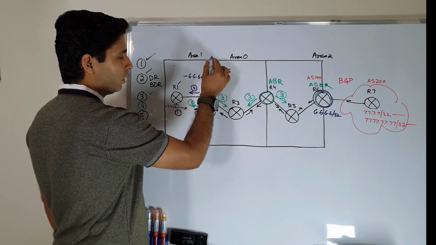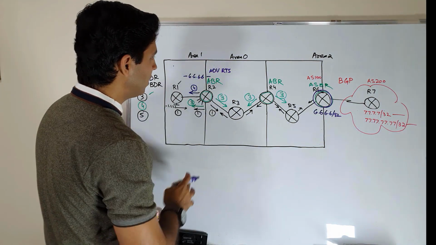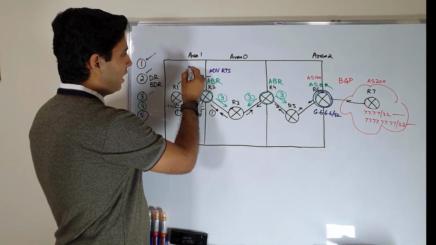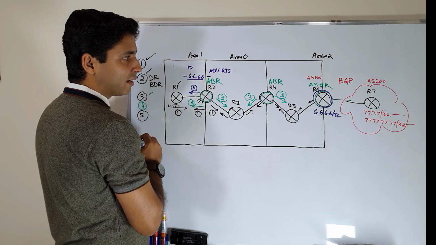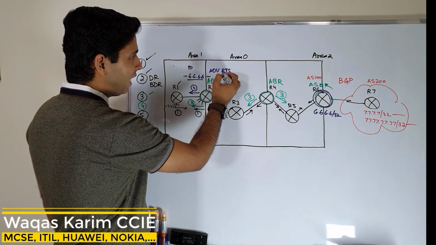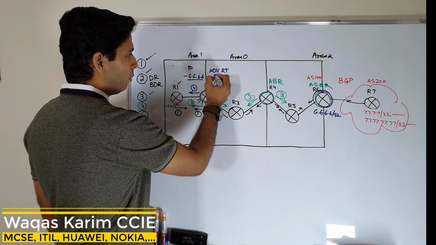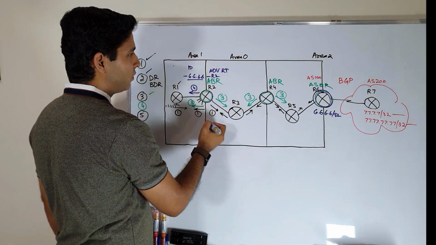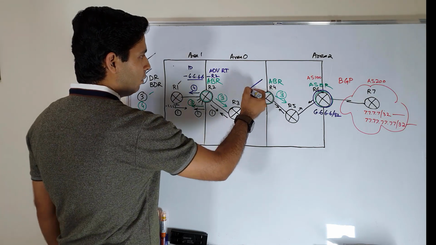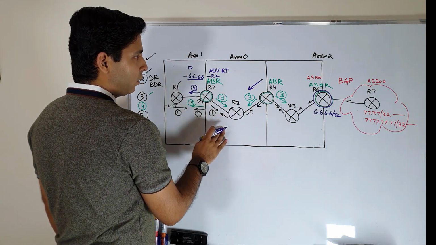If you go into show ip ospf database, you will see that the ID is the IP address of the ASBR, and the advertising router is your ABR, which is R2. Similarly, there will be one LSA4 generated on this side.